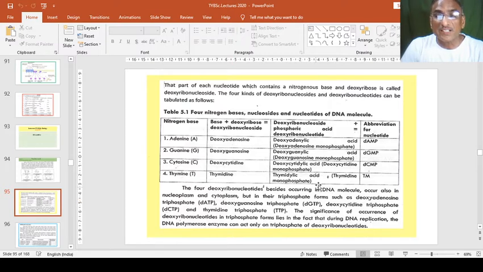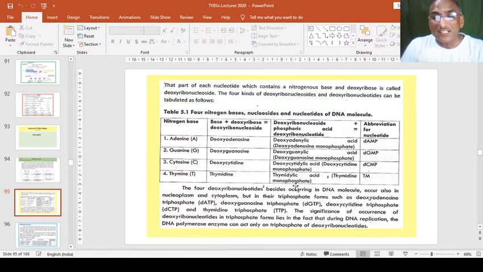Not only present in DNA, but they are also in the nucleus and cytoplasm. But in their triphosphate forms, such as deoxyadenosine triphosphate or dATP, deoxyguanosine triphosphate or dGTP, deoxycytidine triphosphate or dCTP, and thymidine triphosphate or TTP.